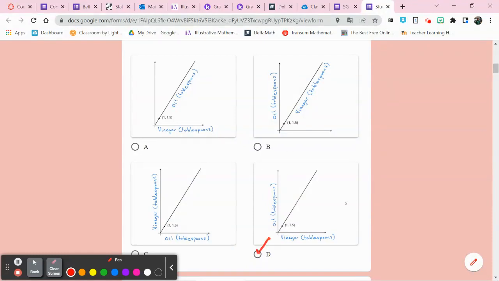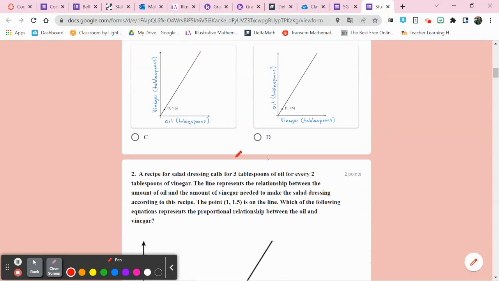All right, now we're going to move on to question 2, which is still using the same relationship that we've been doing. I'm going to clear that and move on to question 2. Same recipe, exactly the same point on the graph. It says, which of the following equations represents the proportional relationship between the oil and the vinegar?